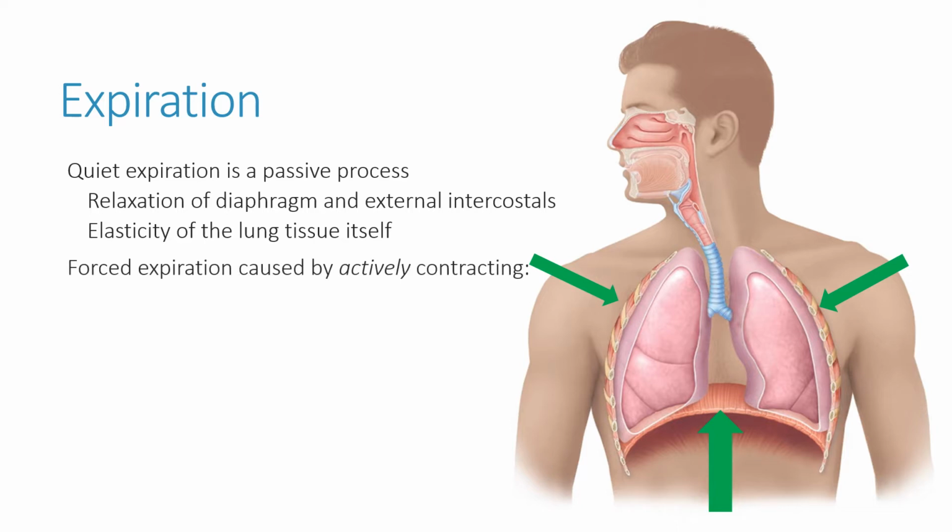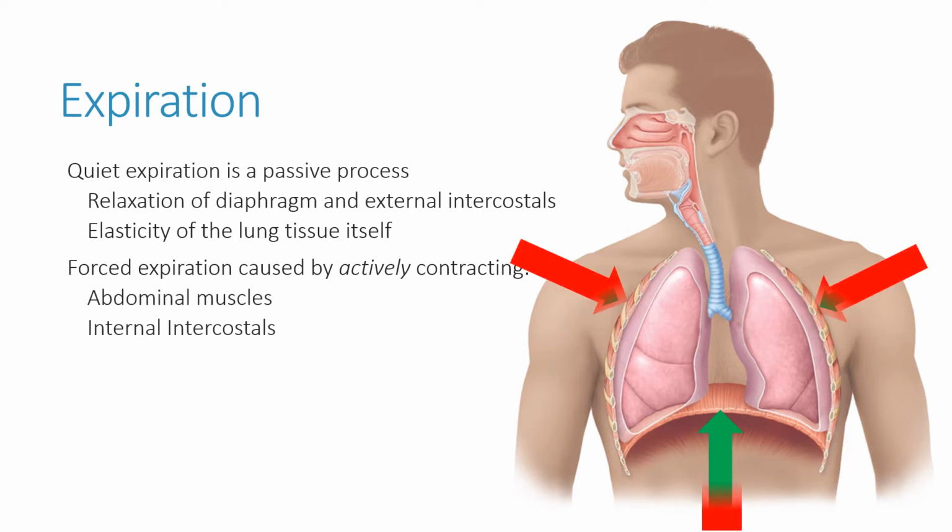However, we can force an extra large expiration by actively contracting a set of muscles, especially our abdominal muscles and our internal intercostals. By contracting our abdominal muscles, we also push up against the floor of this diaphragm and force it further into the thoracic cavity.